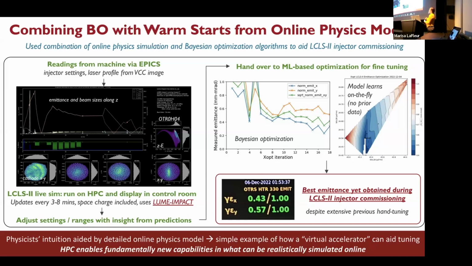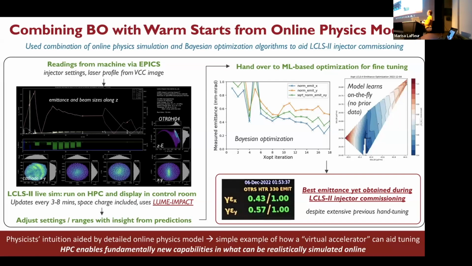This is an example from the LCLS-II commissioning, which was an upgrade to the LCLS, where we used a detailed particle-in-cell simulation of the injector, which is one of the hardest, more complicated parts of the accelerator to tune, and coupled it to a local HPC system that we have on site so that we could read measurements from the accelerator, predict them with this physics simulation, and then give physicists in the control room some idea of what the machine behavior looked like, because there are a lot of signals here that you don't have access to when you're tuning the accelerator.